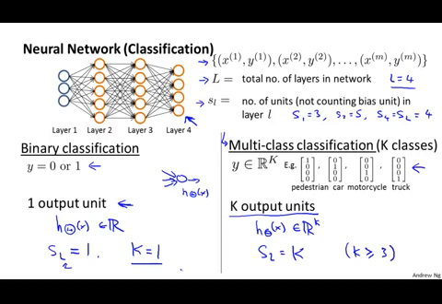We need to use the one versus all method only if we have K greater than or equal to 3 classes. So if we had only 2 classes, we will need to use only 1 output unit.